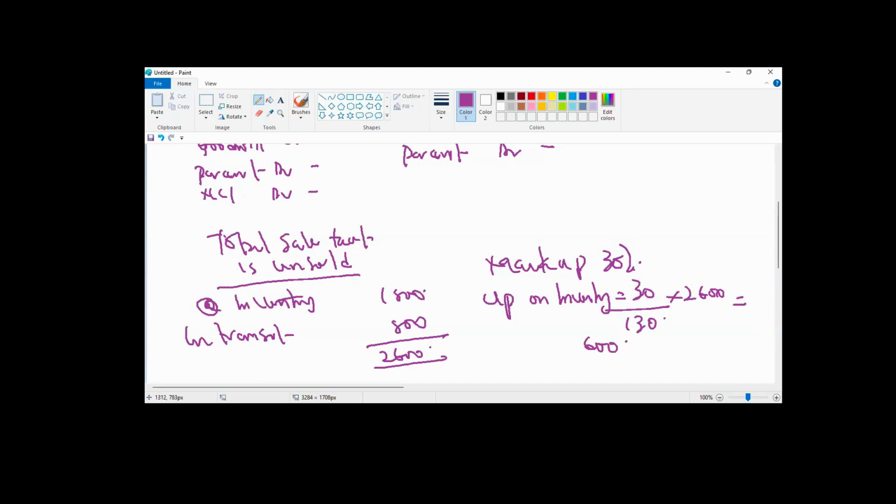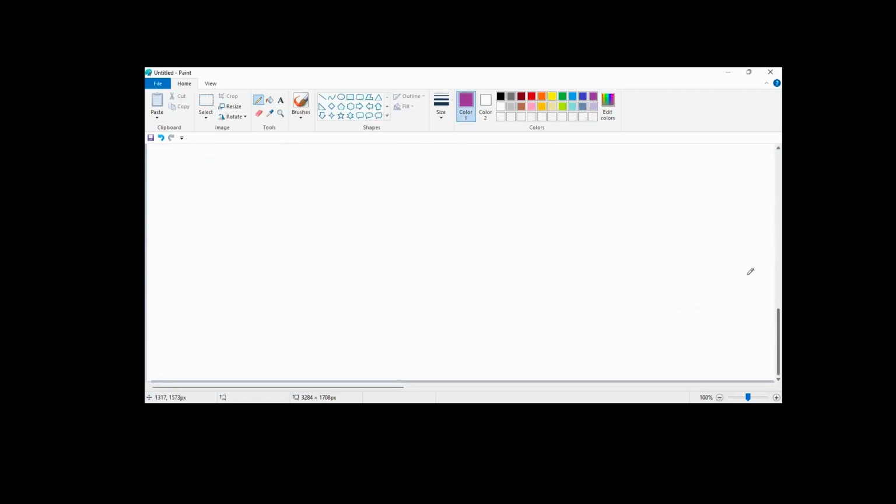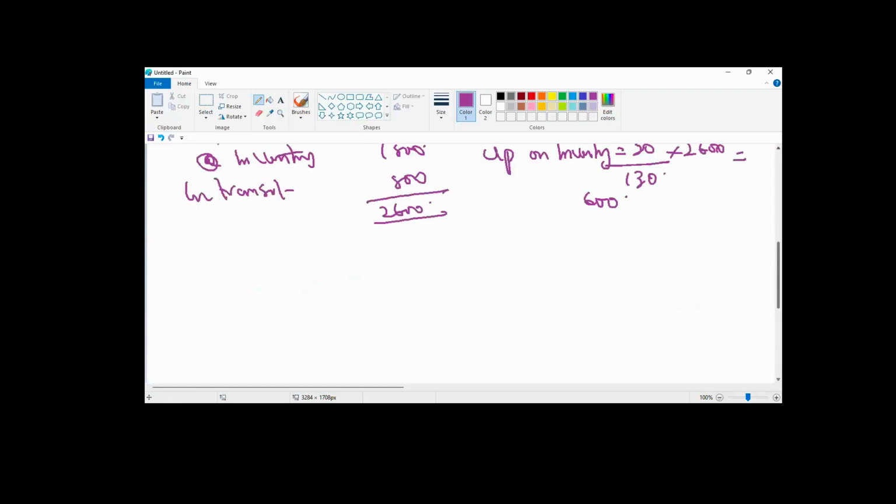Who is the seller? The parent company is the seller. I will debit the parent company, because you sell and make profit from your subsidiary. Parent, debit.